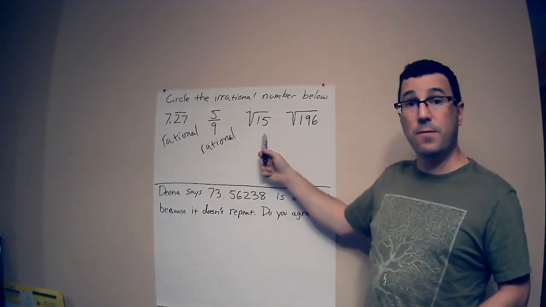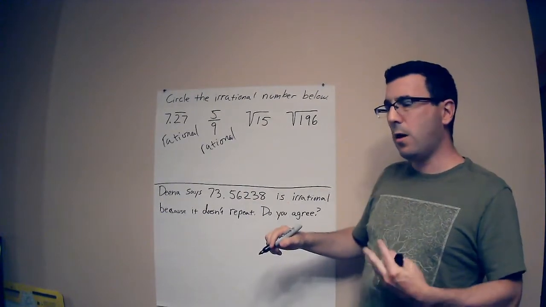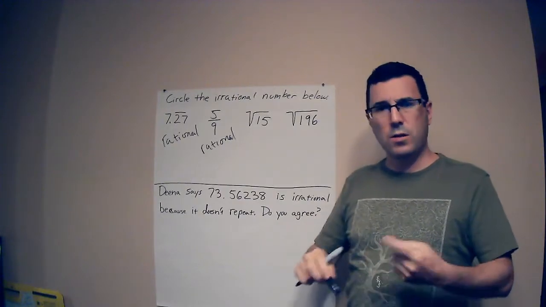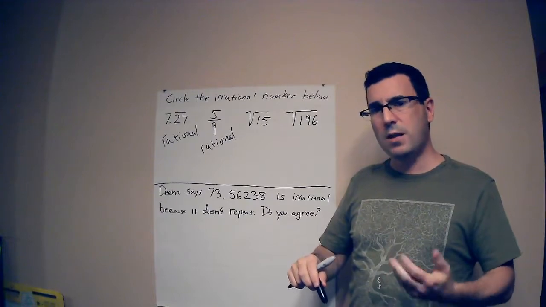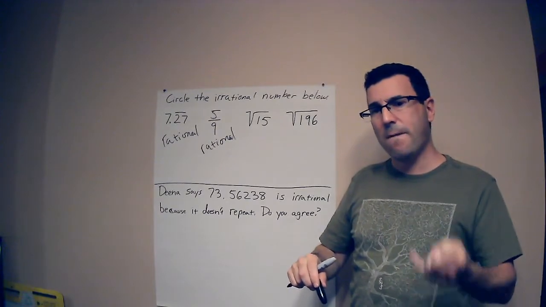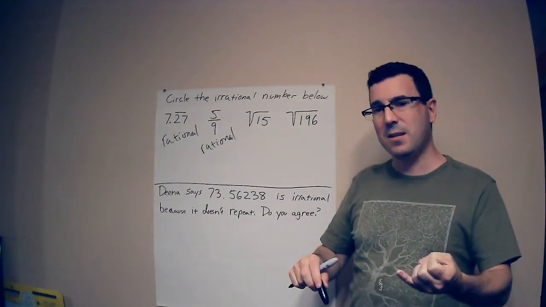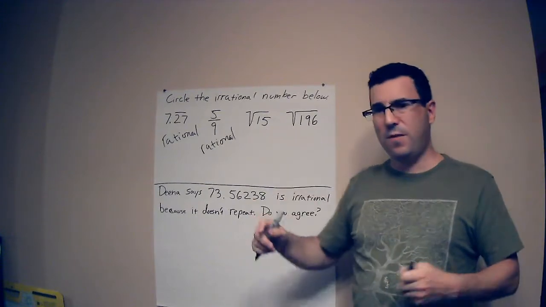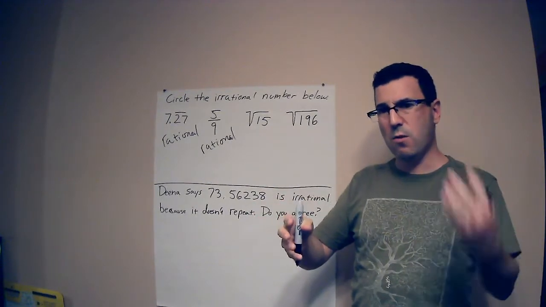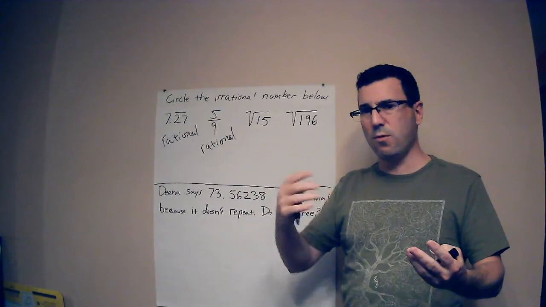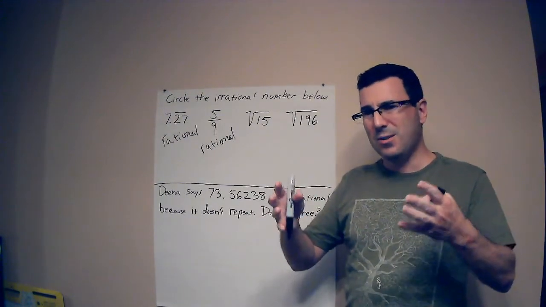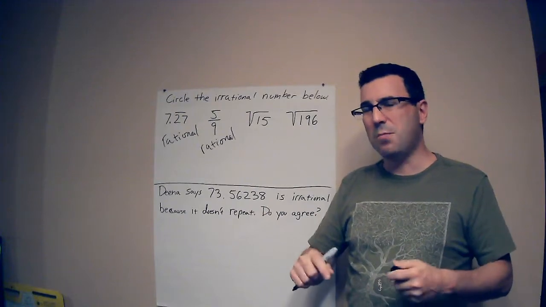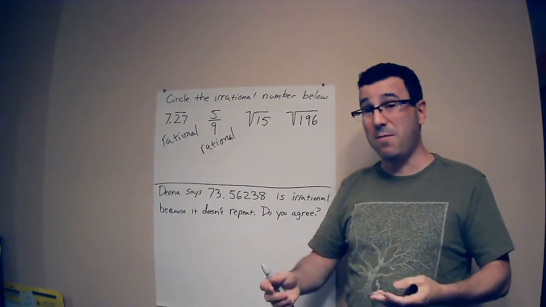Square root of 15. Well, if I go 1 times 1 is 1, 2 times 2 is 4, 3 times 3 is 9, 4 times 4 is 16. So square root of 15 falls in between the square root of 9 and the square root of 16. So there's no good number that I can multiply by itself to give me 15.